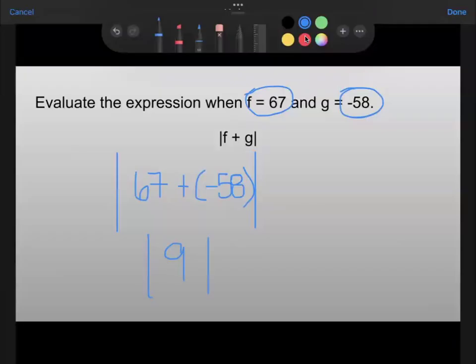They want to know the distance that 9 is from 0. Well, 9 is 9 units away from 0. So the absolute value is 9. So that's our final answer. When we evaluated this expression, we got 9. Now, if the values of f and g were different, again, we would have a different answer, even though it's the same expression.